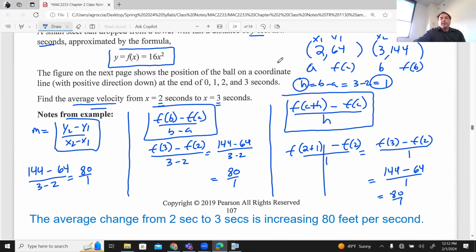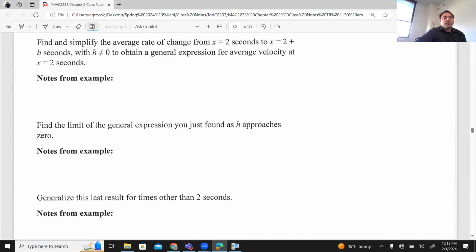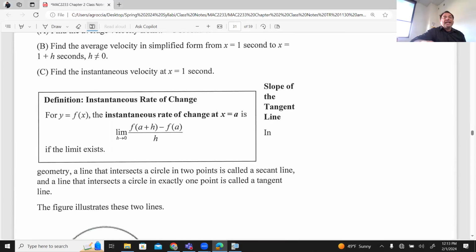Okay, so as we move on here, we're going to start getting into instantaneous rate of change. So instead of trying to find the rate of change from 2 to 3, I want to know the rate of change right now. The instantaneous rate of change. To find the rate of change, there's that slope formula.